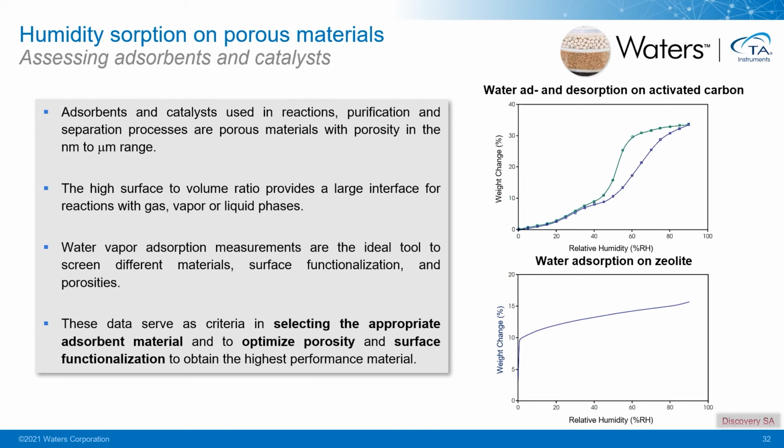And finally here, I'm just showing some data with the Discovery SA on some porous materials. Now, a lot of porous materials are used in gas separation types of applications. So if you have a mixture of gases, you want to separate a particular gas out of the gas stream.